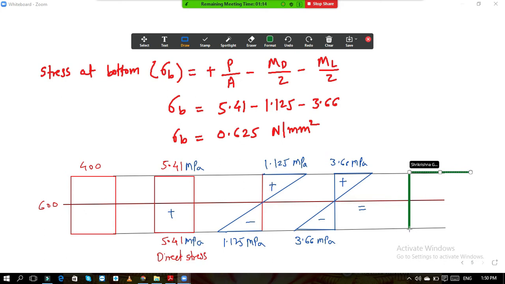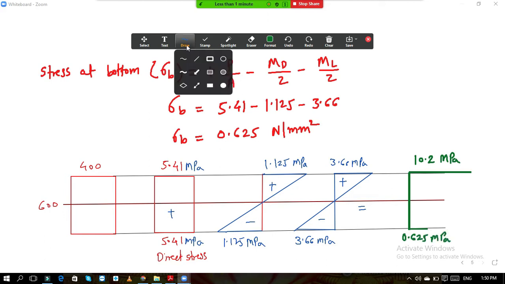So we will plot at this side, but it is very less. Okay. So here I can write this is 10.2 megapascal. This is 0.625 megapascal. And now I will join these two lines. So this is our stress distribution diagram and this is plus. Totally it is plus. So net diagram is like this. Okay. So this is the first diagram.